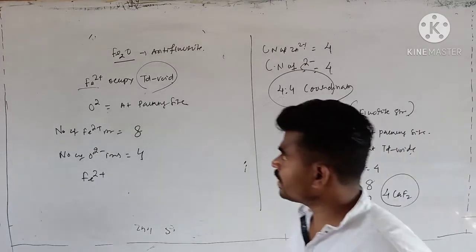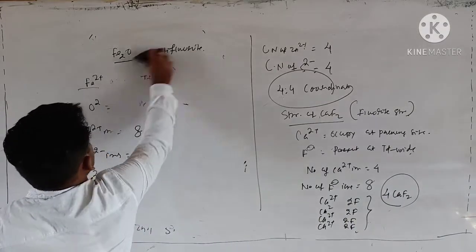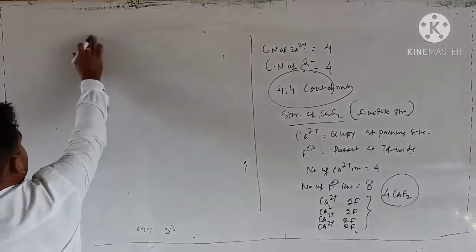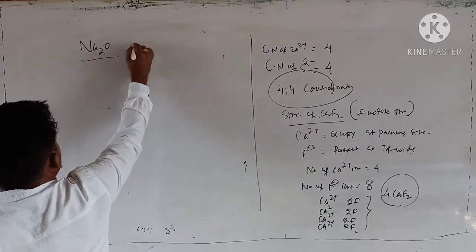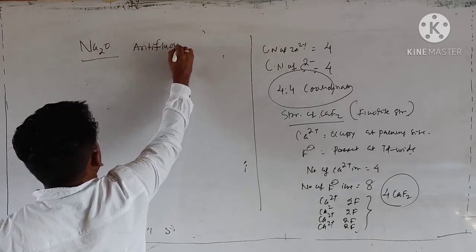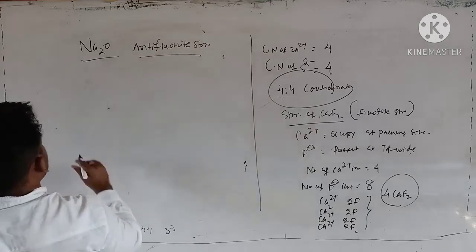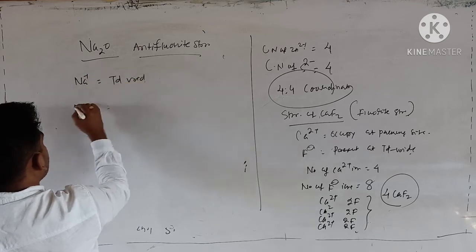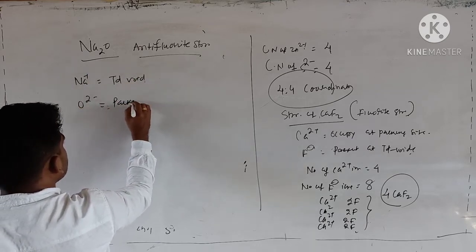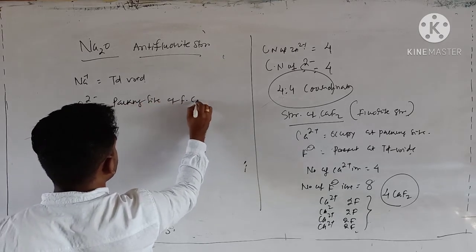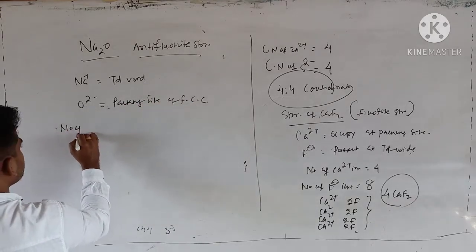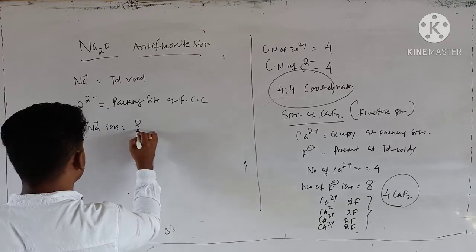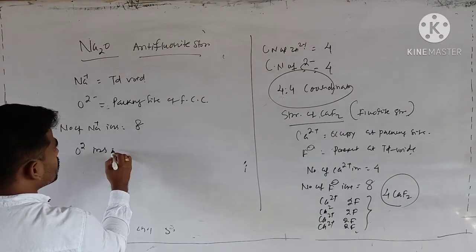In the case of antifluorite, let's say I am considering Na2O. In the antifluorite structure Na2O, Na+ occupies tetrahedral voids and O2- is at packing sites of FCC, face centered cubic. The number of Na+ ions, as they are present in 8 tetrahedral voids, is 8, and O2- ions will be 4.